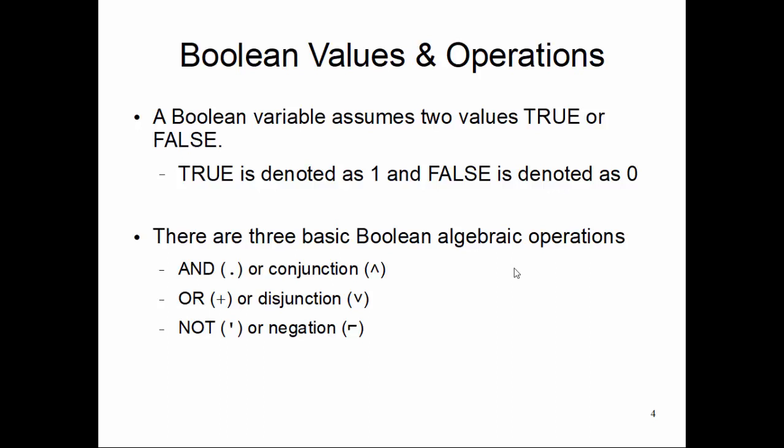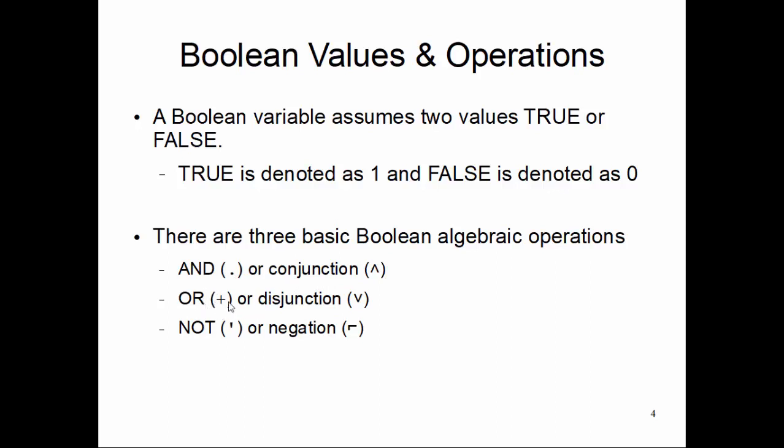There are three basic algebraic operations. One is AND, represented with a dot. In Math 42, it was called a conjunction, represented with a caret.